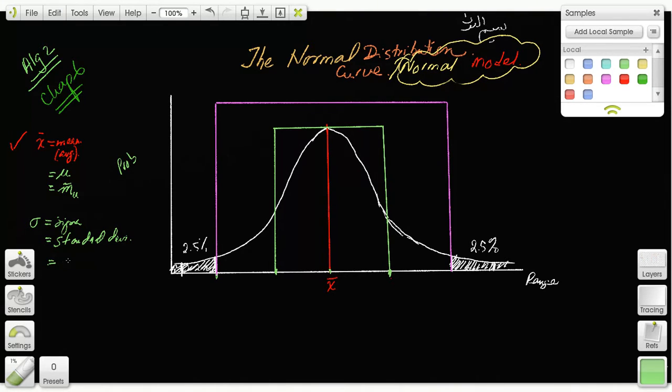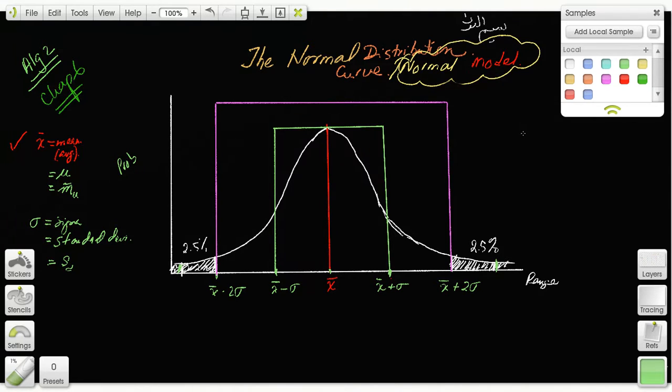Sometimes I just like to call it standard deviation, which kind of looks like sigma anyway. So this is going to be the mean plus one standard deviation, this is the mean plus two standard deviations, this is the mean minus one standard deviation, and the mean minus two standard deviations. Now you can go farther, another standard deviation.